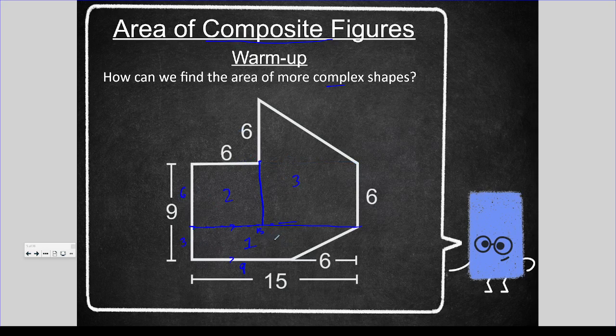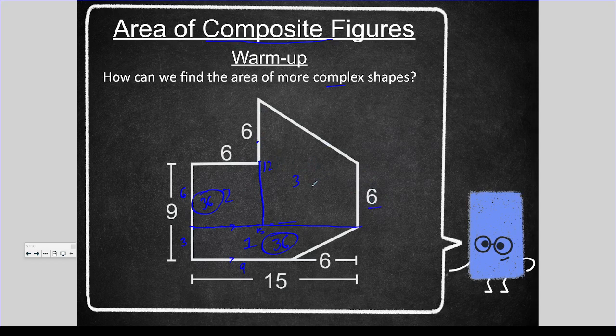So my area of shape 1 is the average of my bases. So the average of 15 and 9 would be 12, and then my height is 3. So I have 36 for the area of shape 1. Shape 2 is a square that's 6 by 6, so it's also 36 because it's 6 times 6. And then finally, this trapezoid over here has a base of 6, and the other base is going to be 6 plus 6, so that's 12.